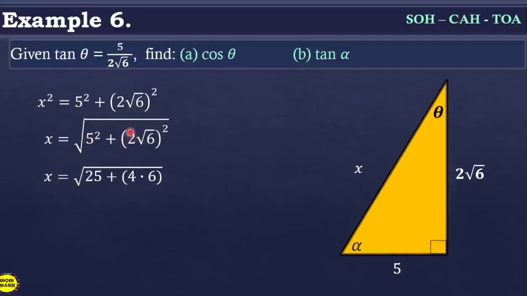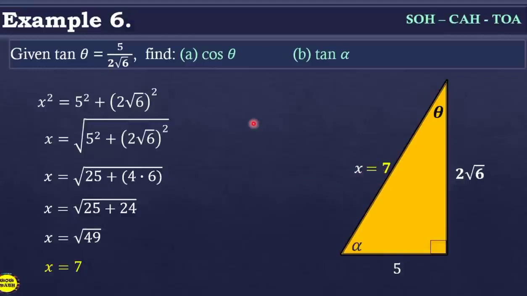This is 2 times 2, that is 4, and pag in-square natin to, mae-eliminate lang po itong radical sign natin, so that is 6. So, 4 times 6 is 24. Since naka-parenthesis po ito, unahin po natin siya. 25 plus 24 is 49. So, the square root of 49, your x is equal to 7. Therefore, your unknown x here is equal to 7.